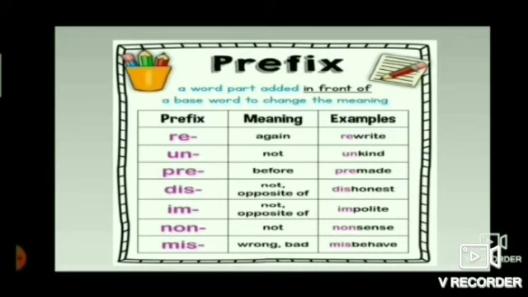Example for it we have premade. Dis, meaning of dis is not or opposite of. Example for it, dishonest. Next one, im. Im means not or opposite of. Impolite is the example for it.